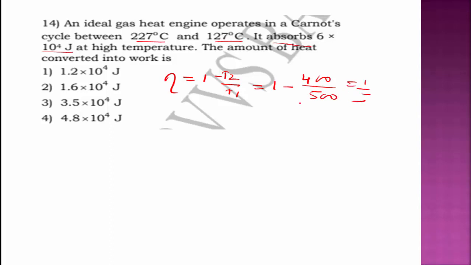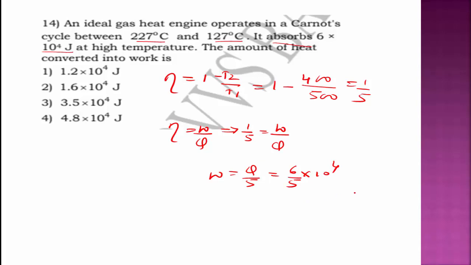Here we get efficiency is 1 by 5, and eta is equal to W divided by Q. So 1 by 5 is equal to W divided by Q. Then W is equal to Q divided by 5, that is 6 divided by 5 into 10 to the power of 4, which is 1.2 into 10 to the power of 4 joule. Option 1 is the right answer.